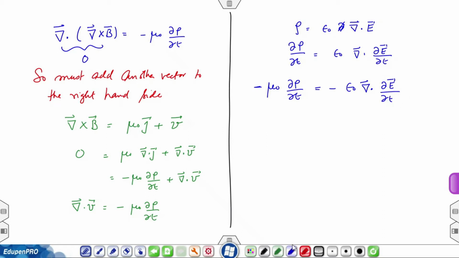I should make a correction here: this should be plus. Now, this immediately implies that V equals mu 0 epsilon 0 dE by dt.